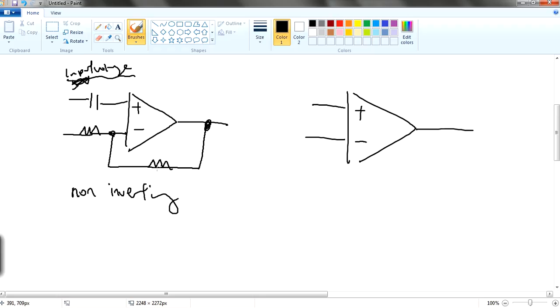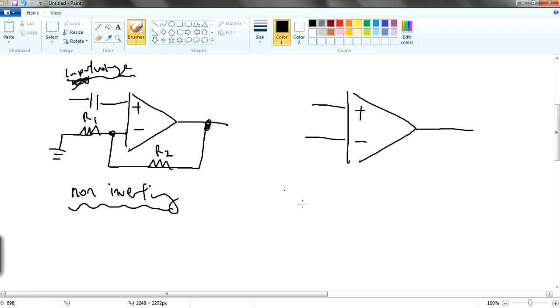There will be 2 resistors, we call this R2, we call this R1. And then this one will be grounded, so you are referencing to ground. So this is the non-inverting amplifier.